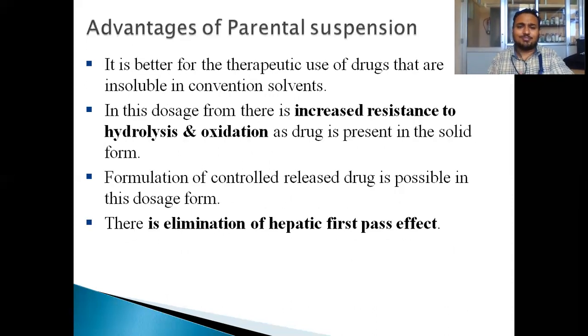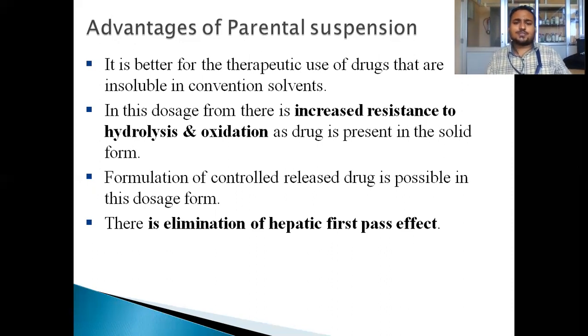What are the advantages of parenteral suspension? The main advantage is it is better for the therapeutic use of drugs that are insoluble in convenient solvents, and we can prepare them as a suspension.